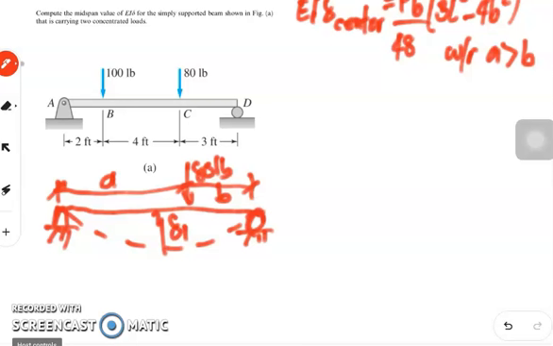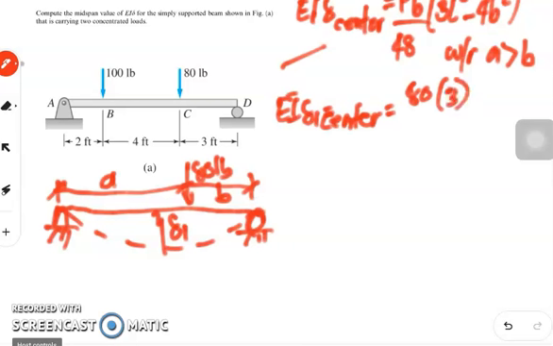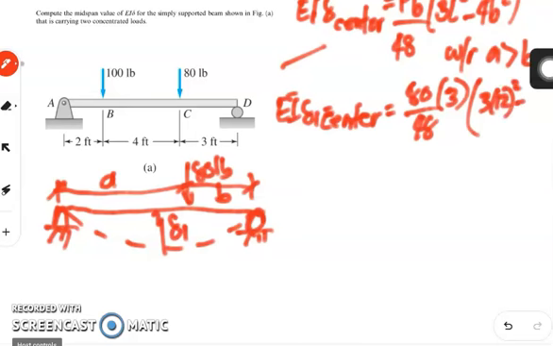So that is delta 1. If we make use of this formula, we can compute for EI delta 1 at the center, which is equal to P, which is 80, times our B, which is 3, all over 48, times 3 times 12 squared minus 4 times 3 squared.